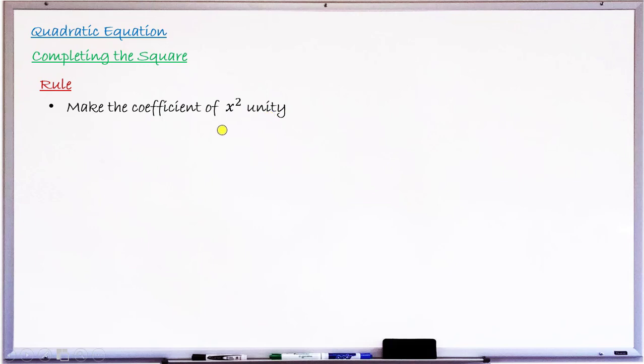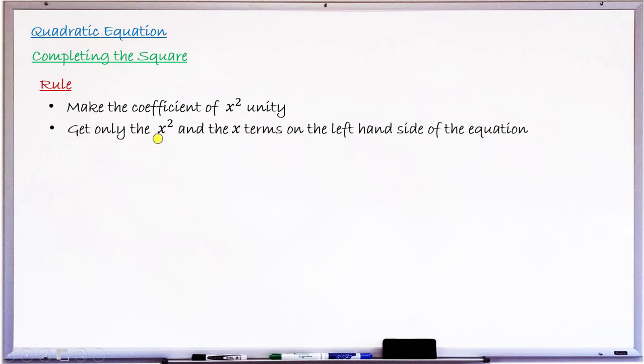When that is done, step number 2 says get only the x squared and the x terms on the left hand side of your equation. That is your square term and the term containing that letter in your equation. Try to bring them to the left hand side of the equation. Step number 3 says make the left hand side of the equation a perfect square trinomial.